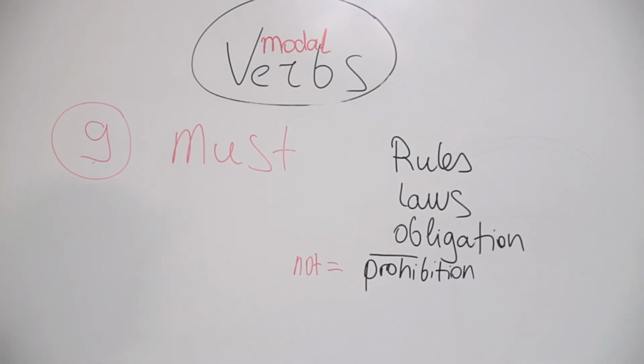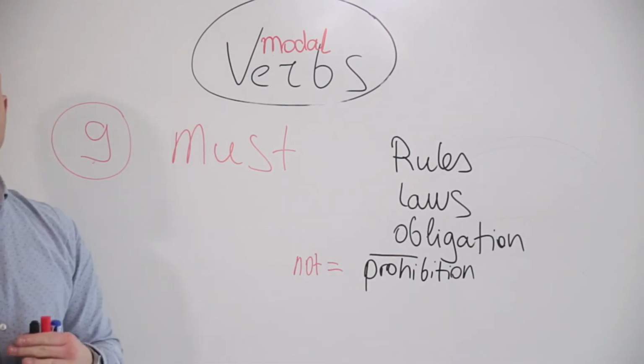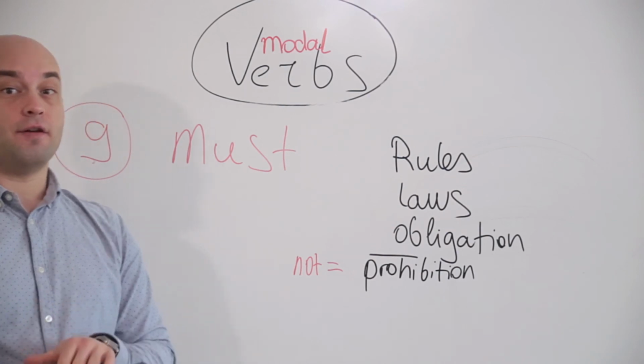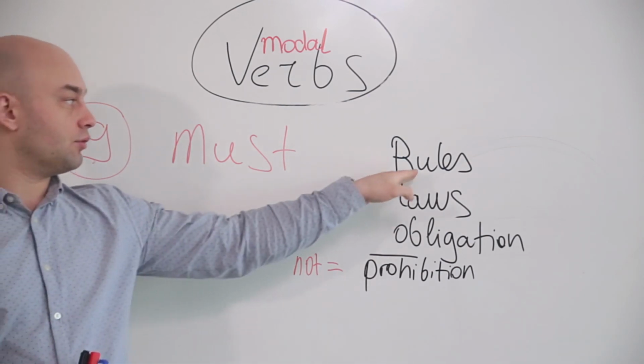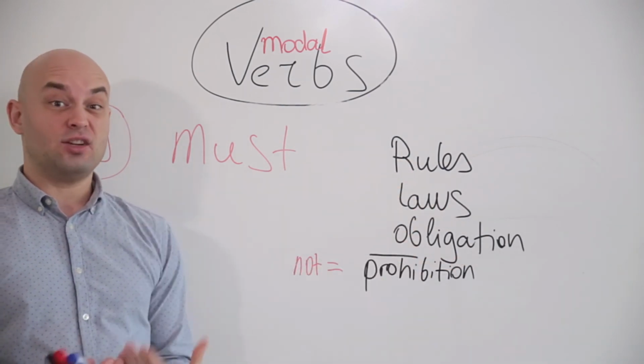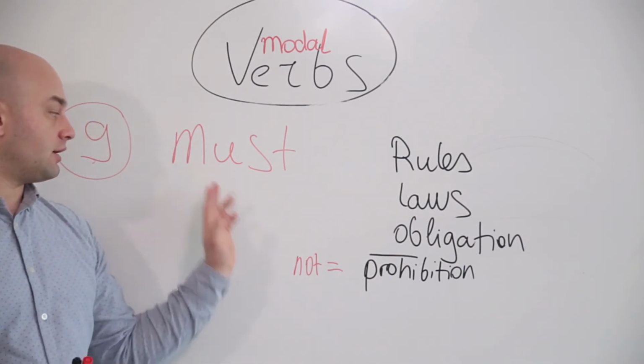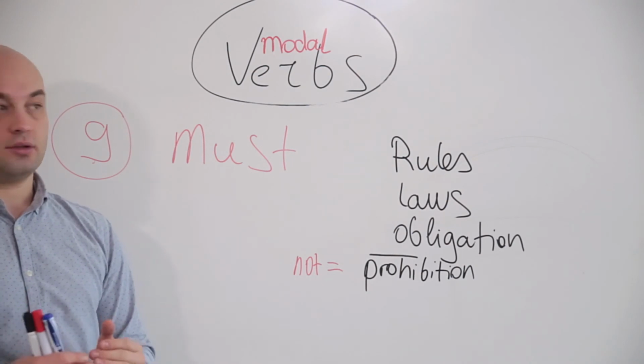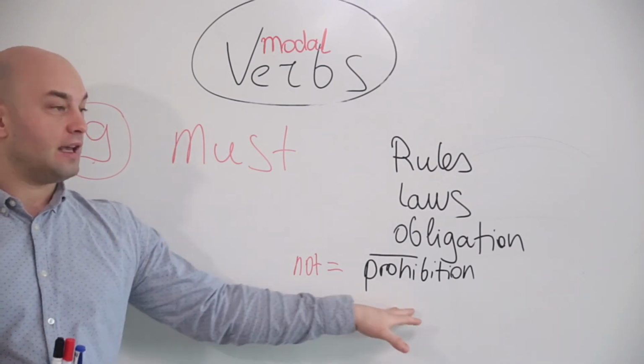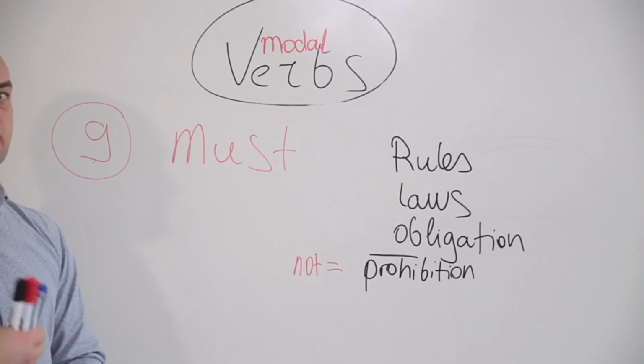Number 9, and it's must. And must is used for very strong sentences. It's used for rules, for laws, for obligations in general, and also when you add a not and you make a must not or mustn't, when you contract it, you make a prohibition. So let's give it an example.